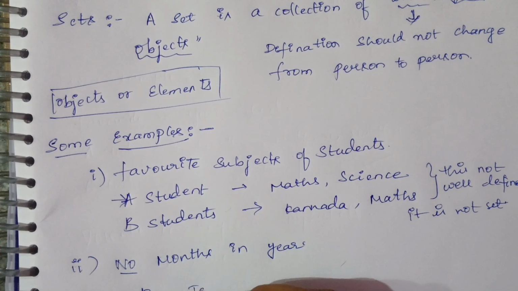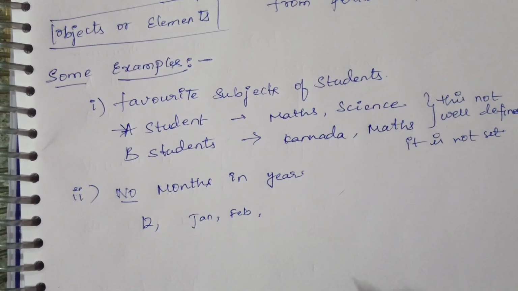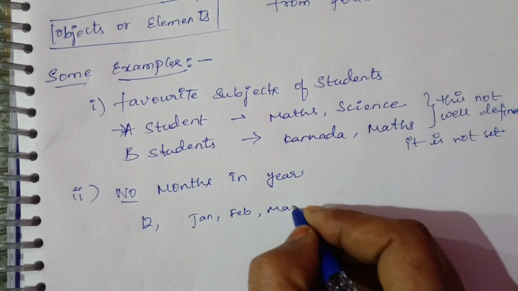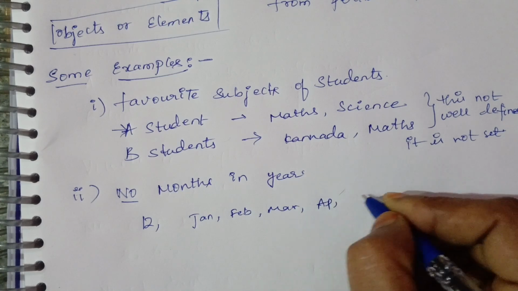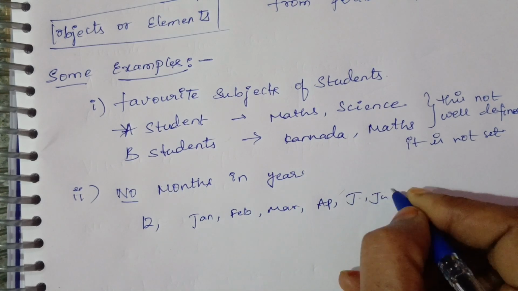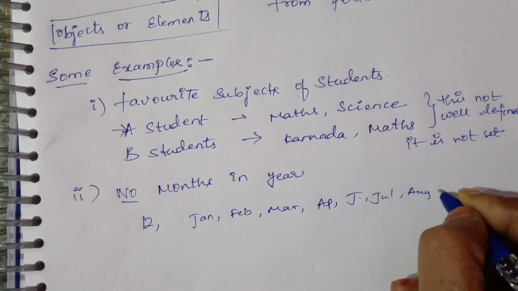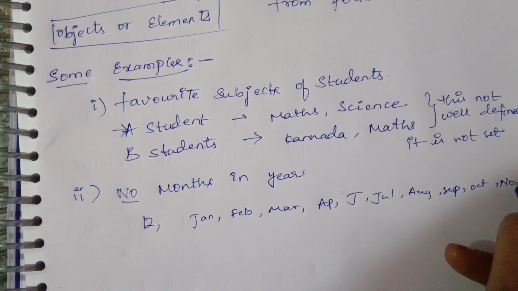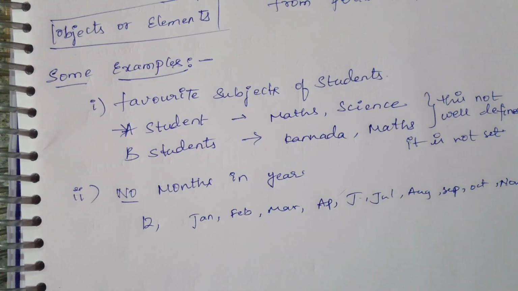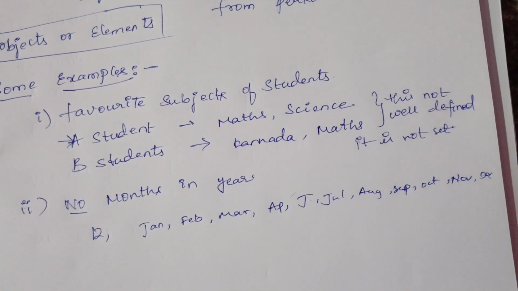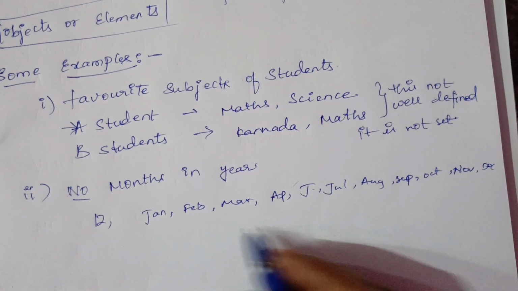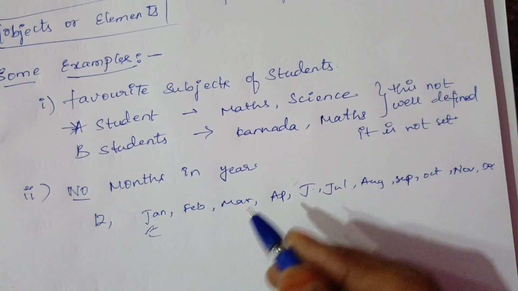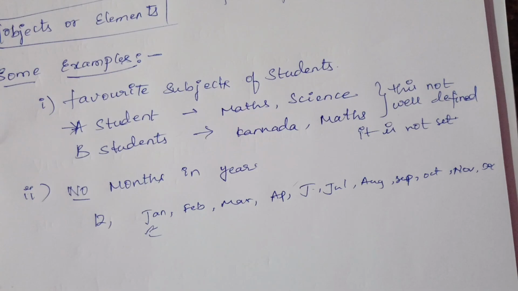That is Jan, February, March, April, June, July, August, September, October, November and December. Will it change from person to person? No, it will not change from person to person. So this we call well-defined objects, and this also we call a set.